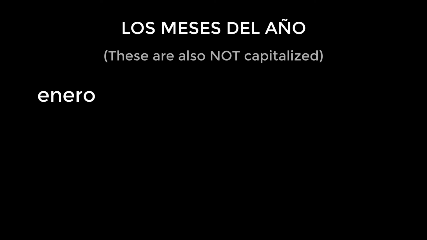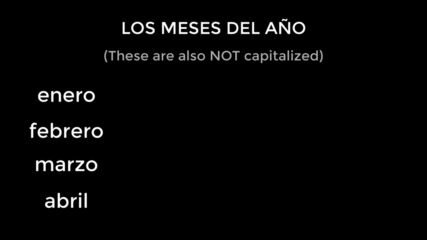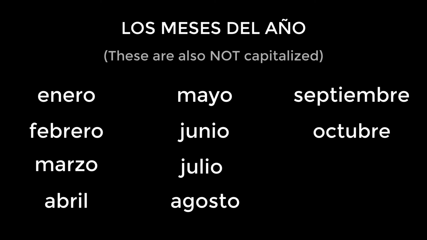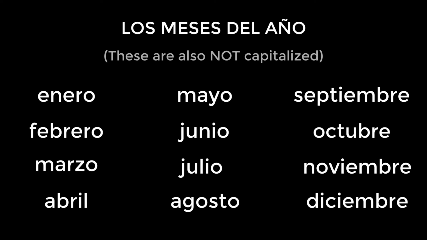January is enero. But then we have febrero, marzo, abril, mayo, junio, julio, agosto, septiembre, octubre, noviembre, diciembre.